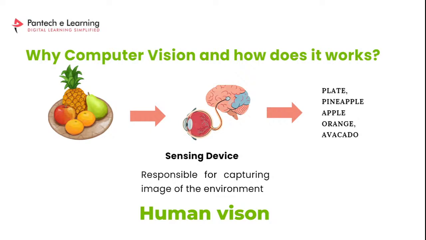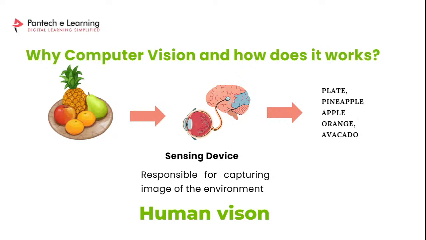In human vision, you have a sensing device, which is nothing but your eyes, and an interpreting device, which is nothing but your brain. For example, if you see something, your eye is the sensing device responsible for capturing the image of the environment, and your brain interprets and tells you that you have a plate with fruits like pineapple, apple, orange or avocado.